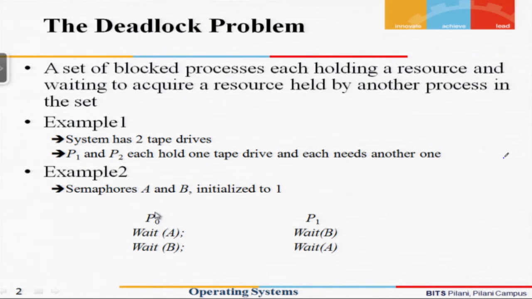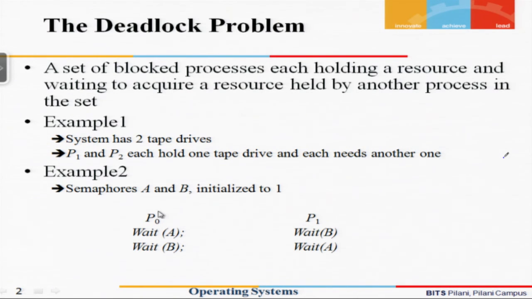Let us say we look at a program which is going to be there. Let us say that these tape drives are guarded with the help of semaphore variables. So there are 2 tape drives, namely tape drive A and tape drive B, and they are guarded by semaphore variables.